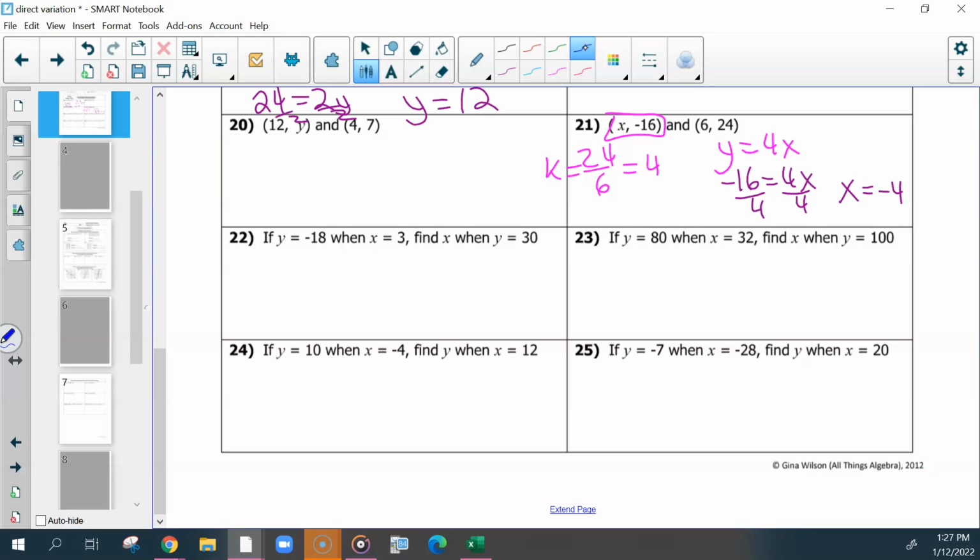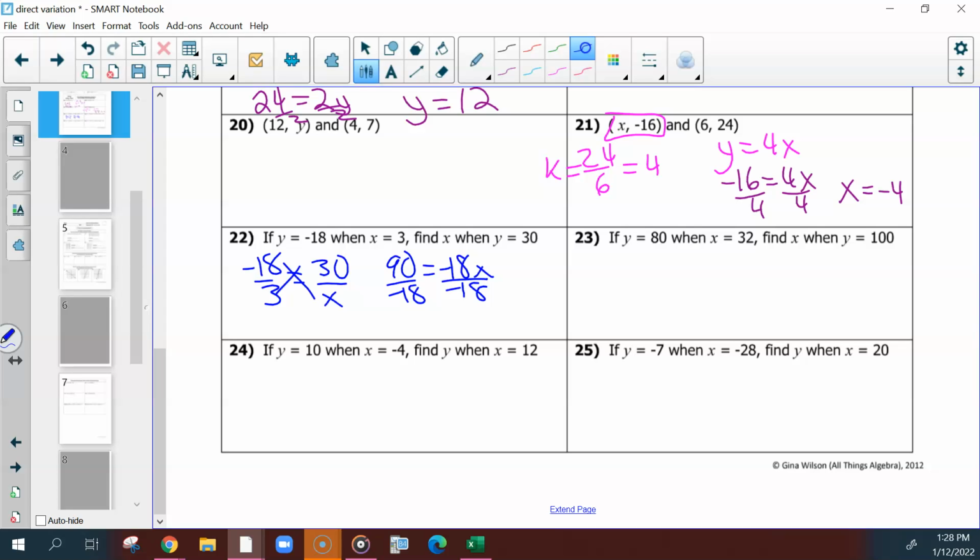So for this one, if we're using proportions, we could do negative 18 over 3 equals 30 over x and solve from there. Cross multiply, so we have 90 equals negative 18x. Divide both sides by negative 18. I don't know what that is off the top of my head.